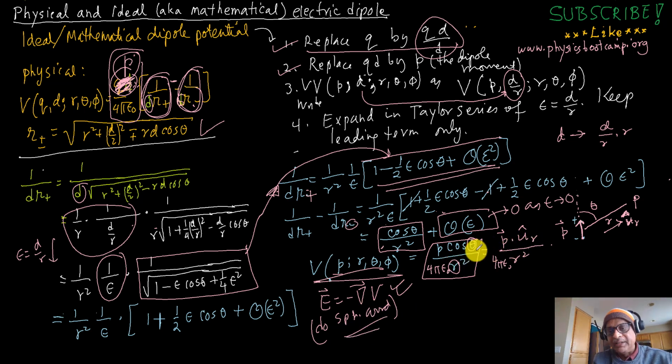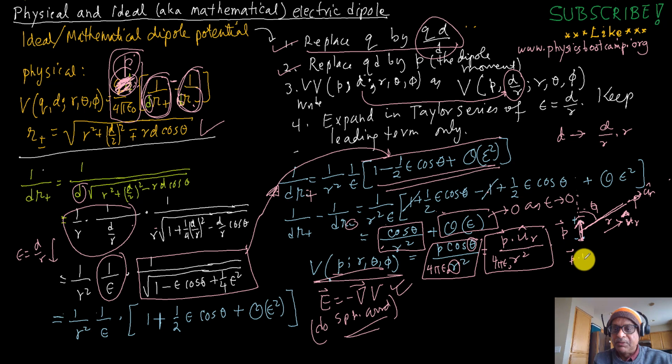You can also write it in a little more sophisticated way. If you think about P as a vector going from the negative to the positive charge, and this is the vector along the u hat r direction, the radial direction, the angle between them is just the angle between this vector and this unit vector.